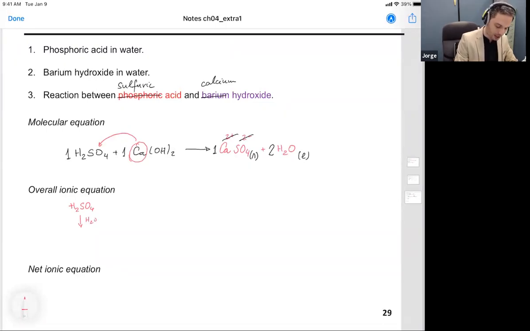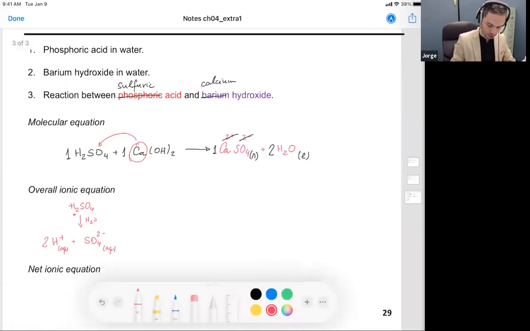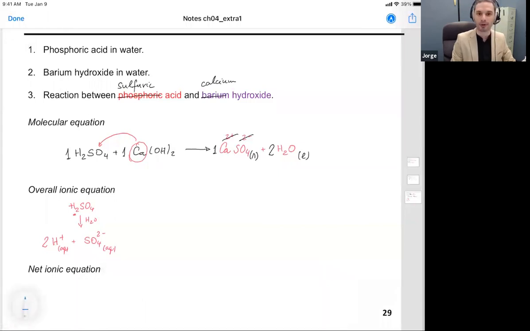We already did that, and we know that this forms H plus and SO4. The number of H plus is equal to the number of hydrogens in the formula, and the charge of the sulfate is 2 minus to counterbalance the 2 H plus that we have here.